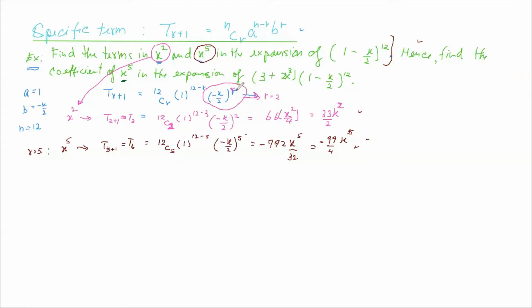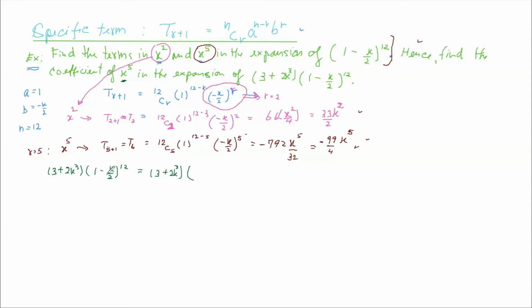So I write down here (3 plus 2x power 3) times (1 minus x over 2) power 12.